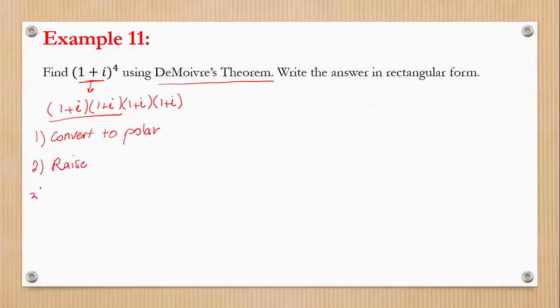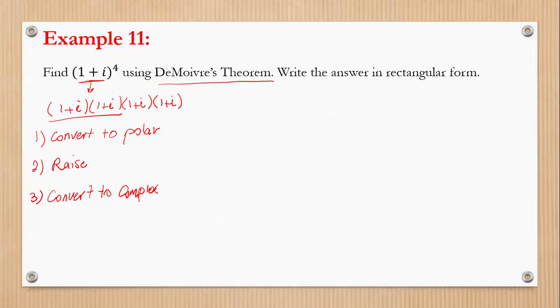After that, convert it back to the complex form. So just convert to polar, raise to the power, then convert back to the complex number. Just use the polar form to make everything easier for ourselves.